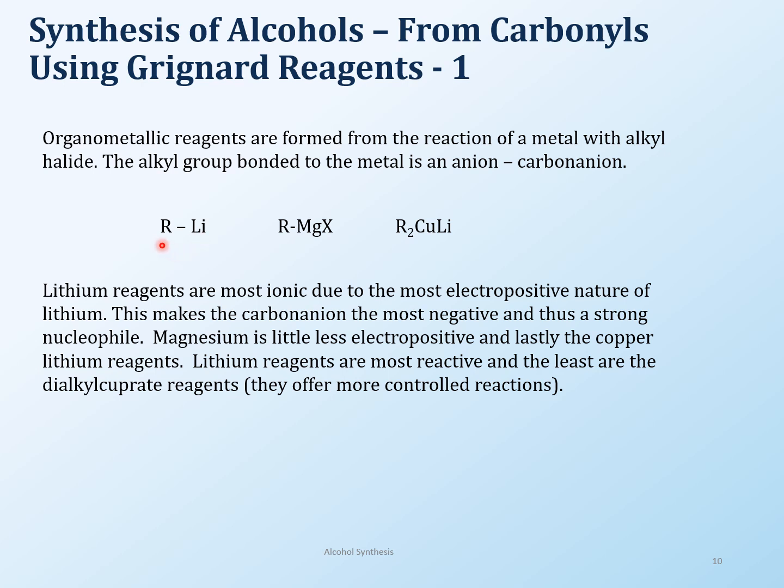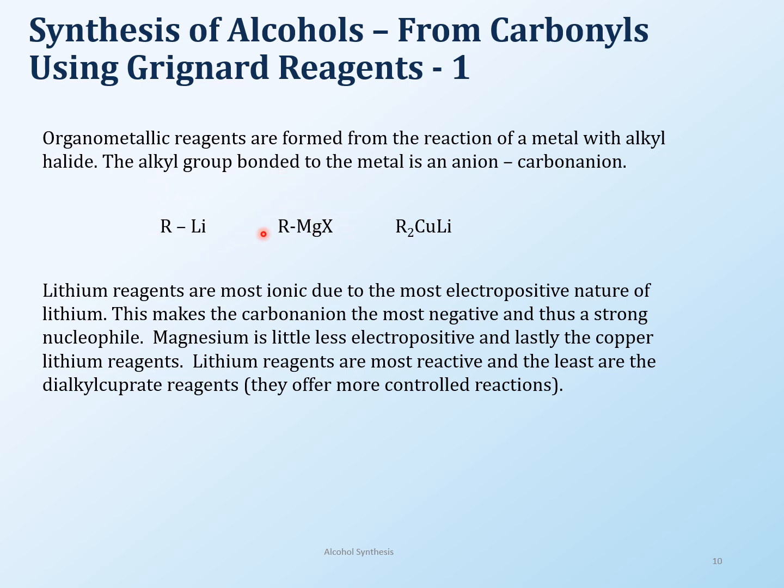So cation, anion. Because lithium is such a strong metal, so electropositive, the R group is a really, really strong nucleophile. If it's a strong nucleophile, now it can really react with any kind of electrophile. So this is extremely reactive.